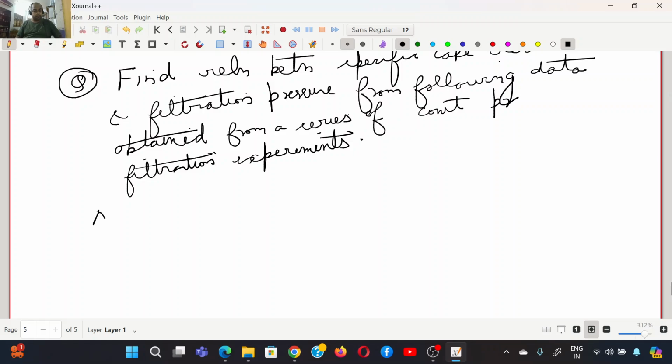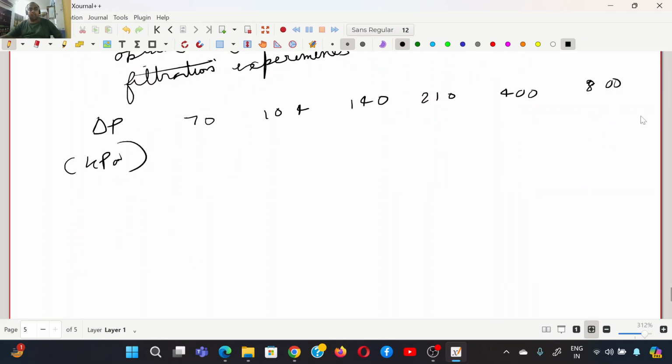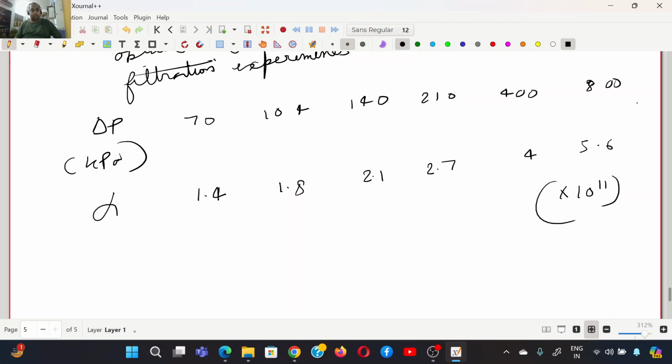Delta P in kilopascal is given, and the alpha values are 1.4, 1.8, 2.1, 2.7, 4, 5.6, each into 10 to the power 11 meters per kg.